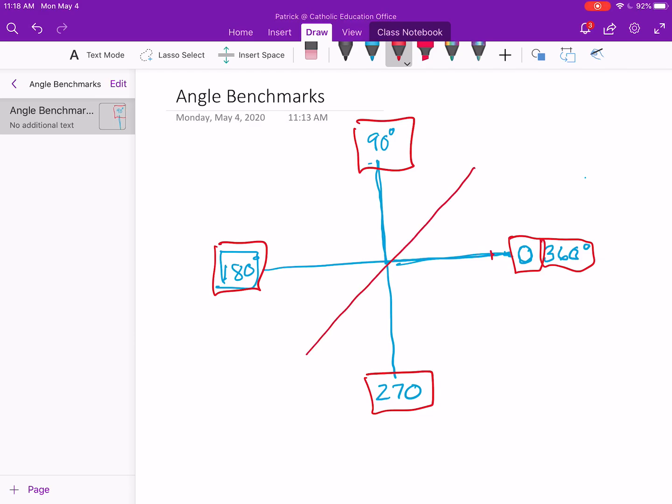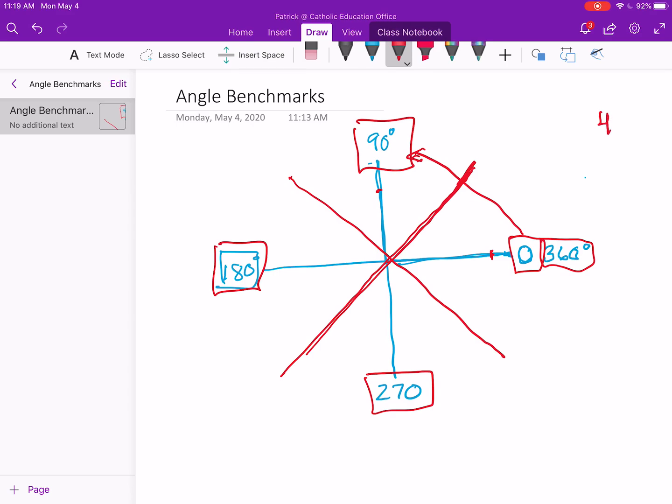So halfway between here and here, that's this line. And I just kind of go right through halfway. And then the same thing over here, halfway through each. So halfway between 0 and 90, well, you have to know what's half of 90.